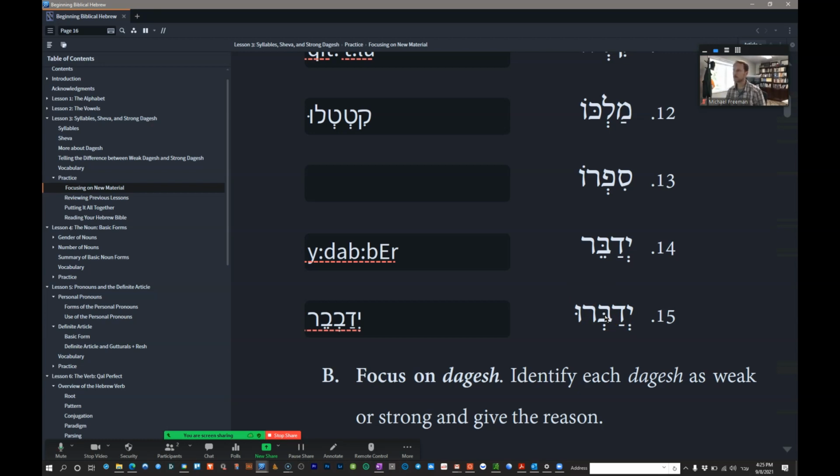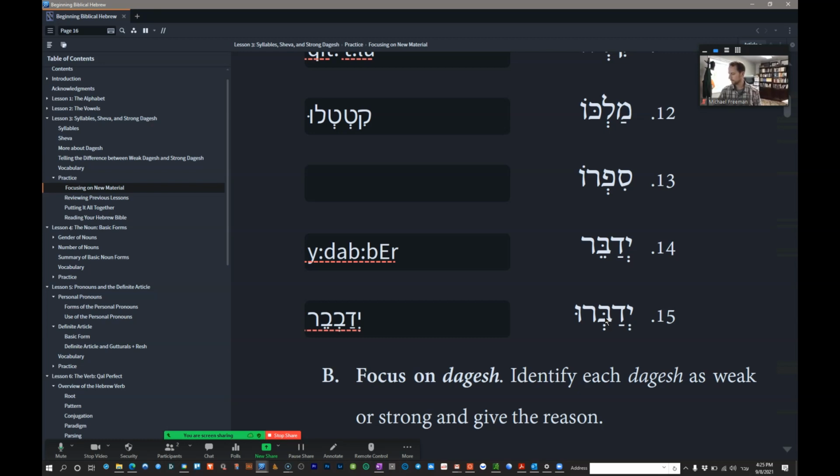The shortcut rule for Dagesh that I covered is kind of a compound rule, so there's two parts to it. If the letter containing the Dagesh is immediately preceded by a vowel sound, not necessarily a short vowel, but any vowel sound, which here is patach, then it's a strong Dagesh, a doubling Dagesh.